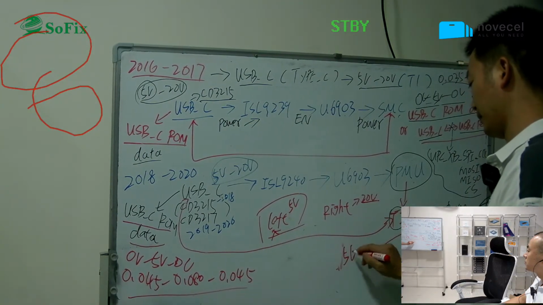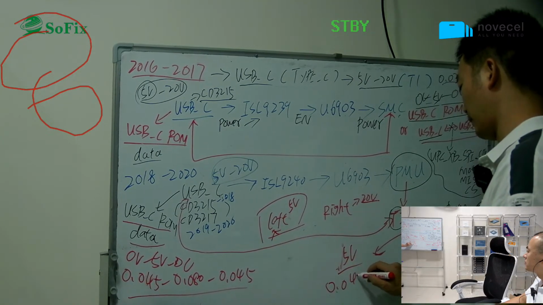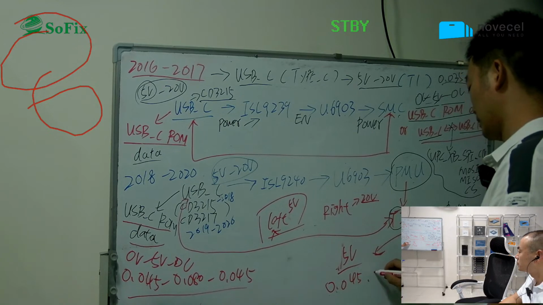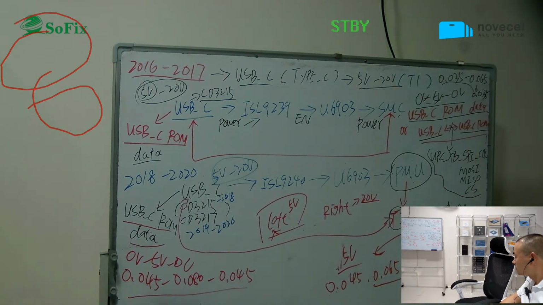No up and down, and the current stops at 0.45 or sometimes 0.65.